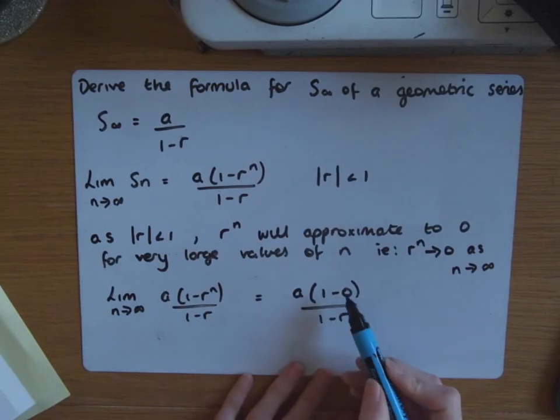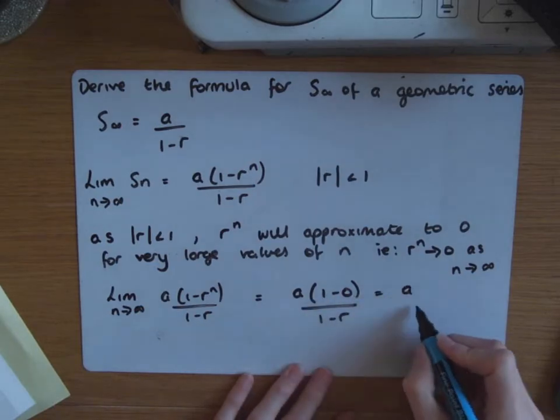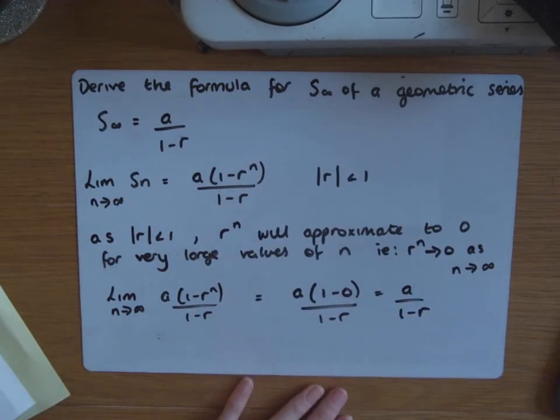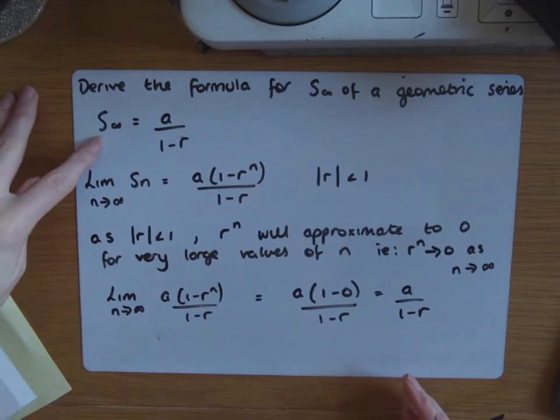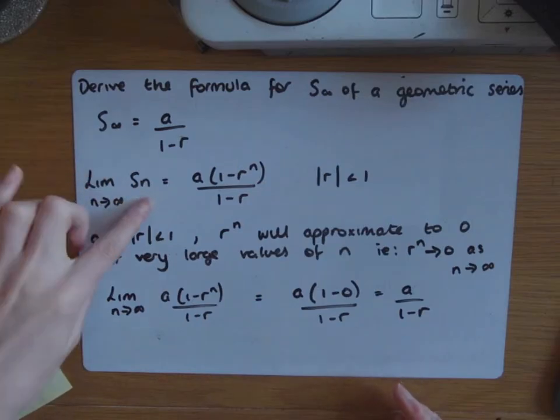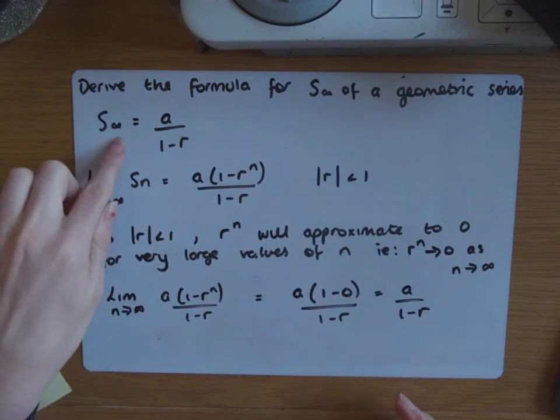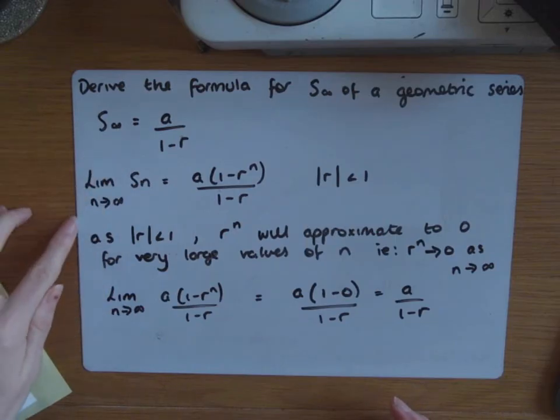Now 1 minus 0 is just 1, so you're left with a over 1 minus r. So you're deriving that formula, you're figuring out where it came from. It comes from your Sn formula, and because we're doing the sum to infinity, that means you're getting the limit as n goes to infinity.